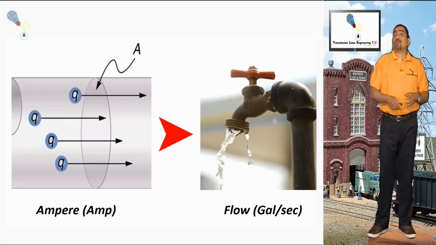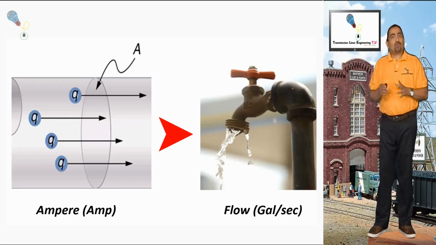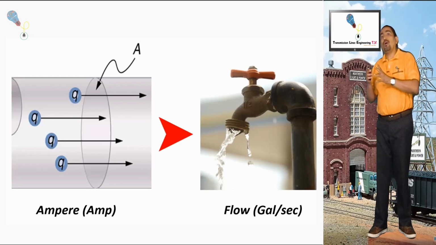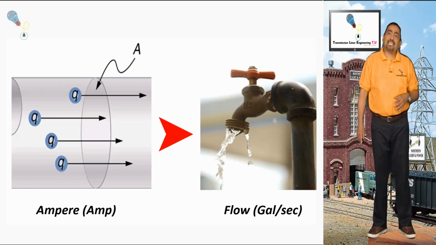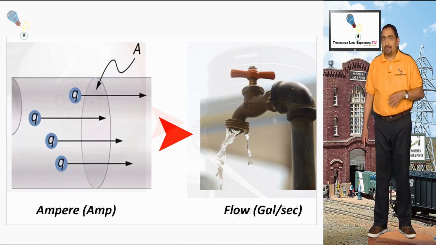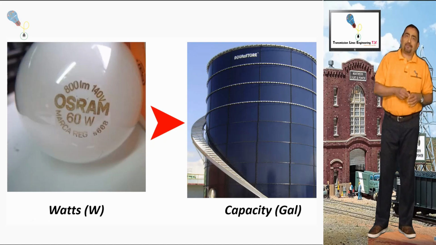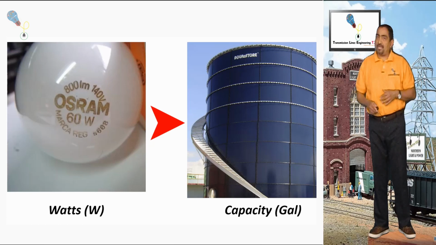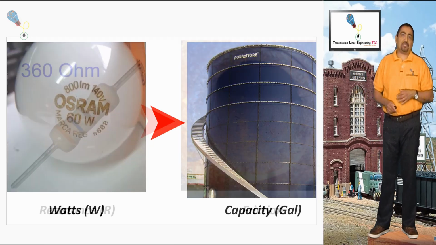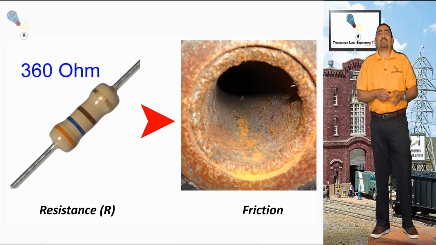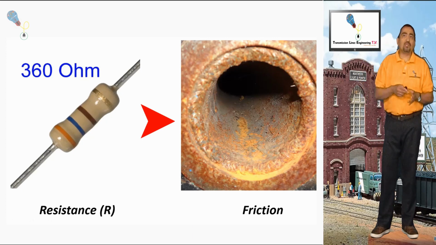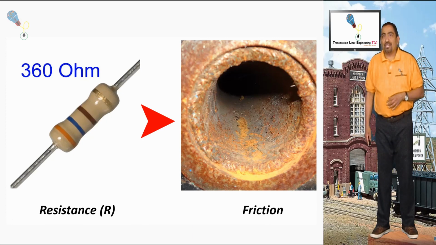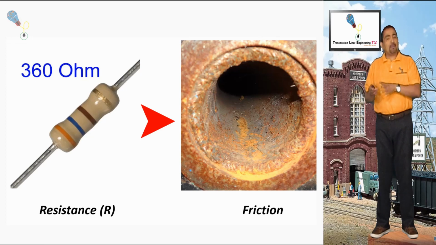The amperes or amps will be equal to the flow in the pipe in gallons per second. Watts will be equal to the product to be transported by the pipeline in gallons. The resistance in a transmission line will be equal to the friction coefficient in the pipeline.